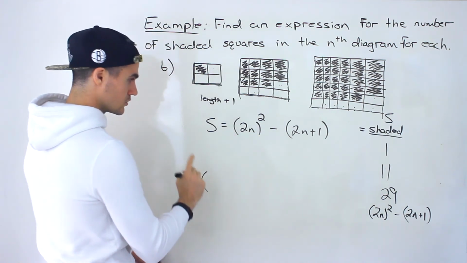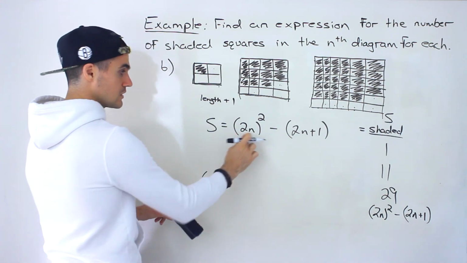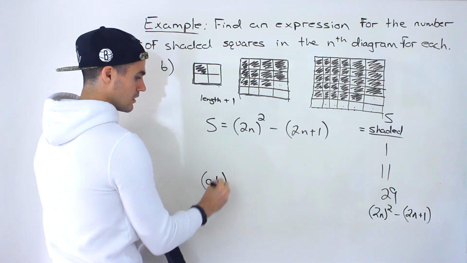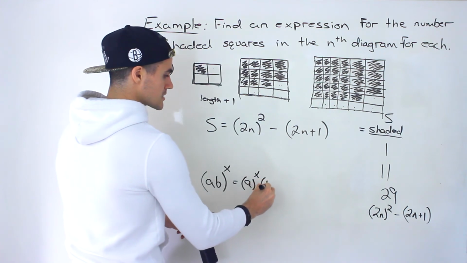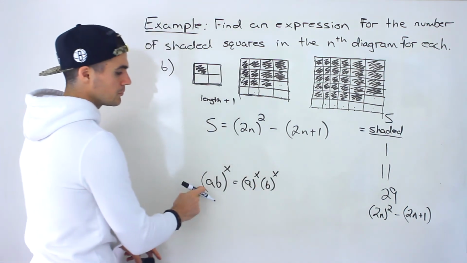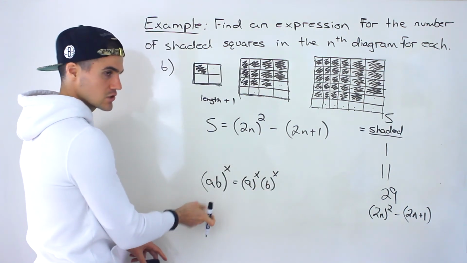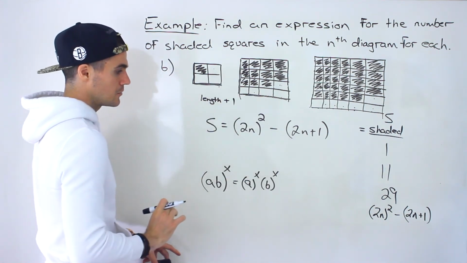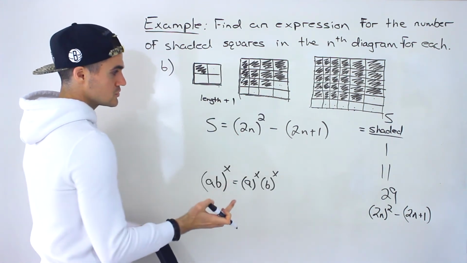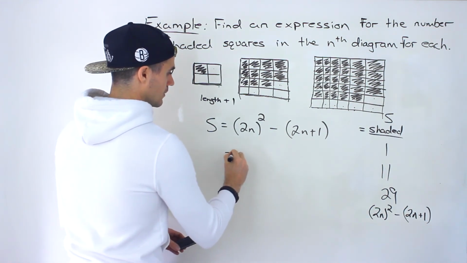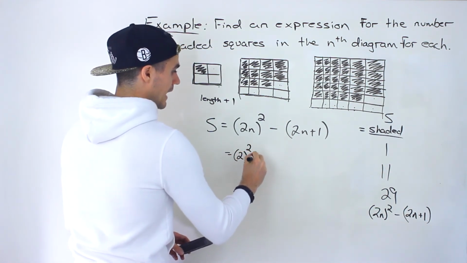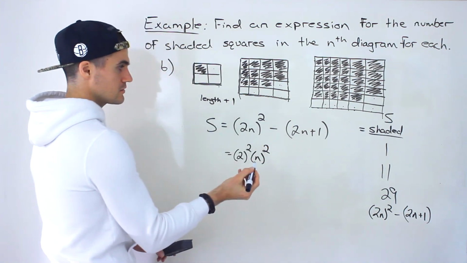Now, a review of exponents: if you've got two things that are multiplying and then you have an exponent, you could take both things to that exponent. If they're multiplying or dividing, if it's a fraction, you could take the numerator to that exponent and the denominator to that exponent. So that's what we have to do here. We have to take the 2 to the power 2 and then the n to the power 2.